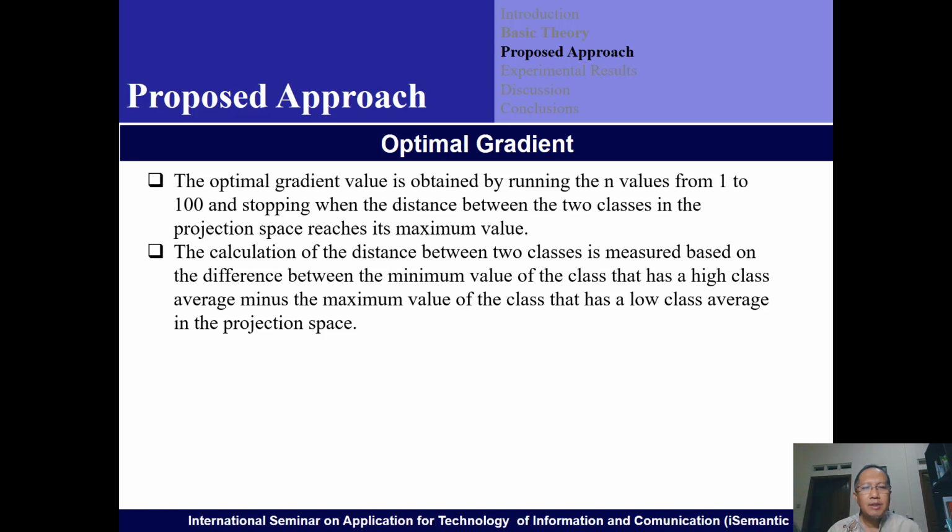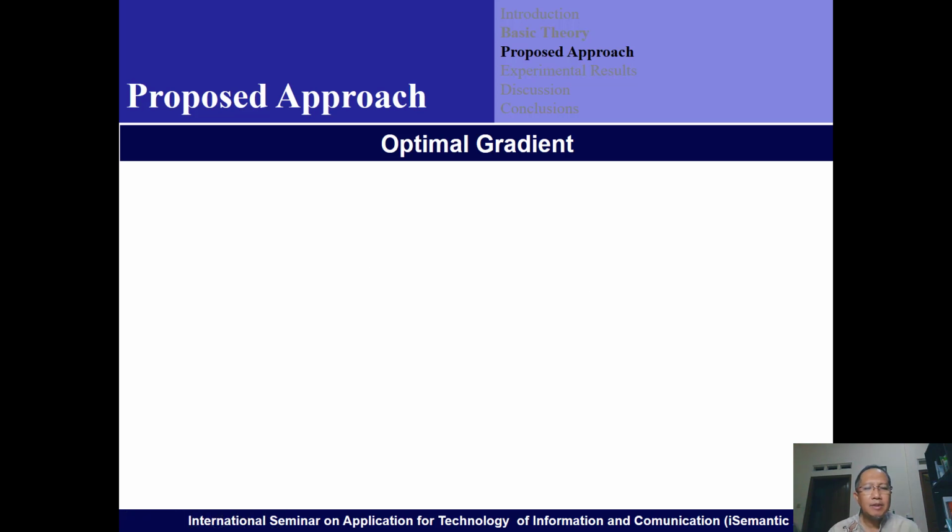The distance between two classes is measured as the difference between the minimum value of the class that has a high class average minus the maximum value of the class that has a low class average in the projection space.